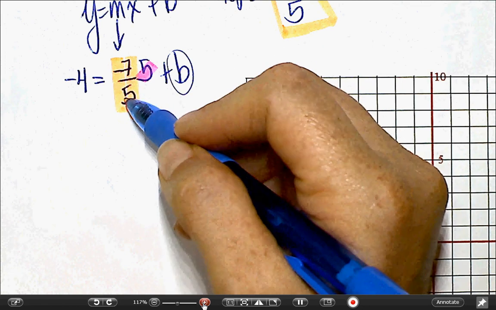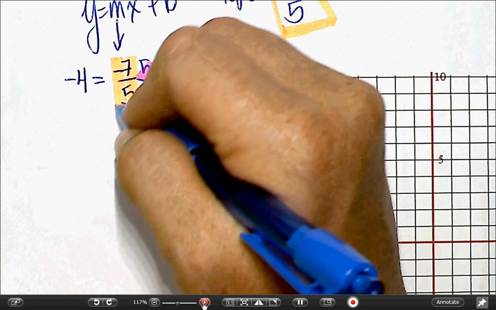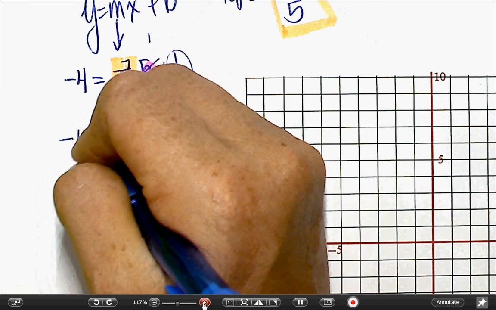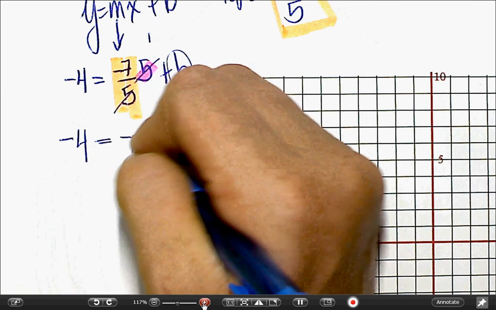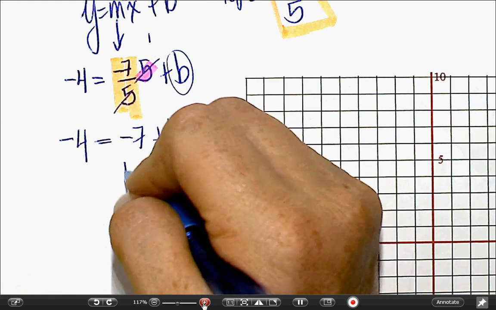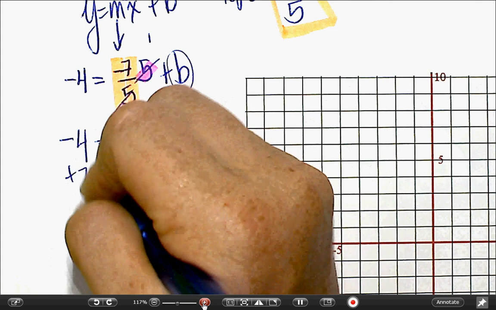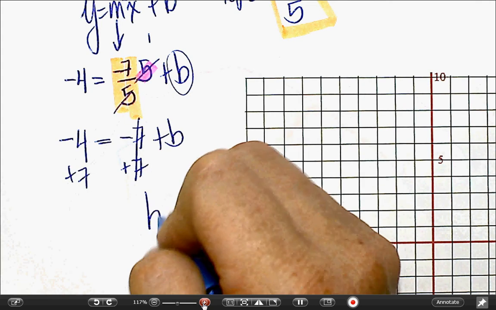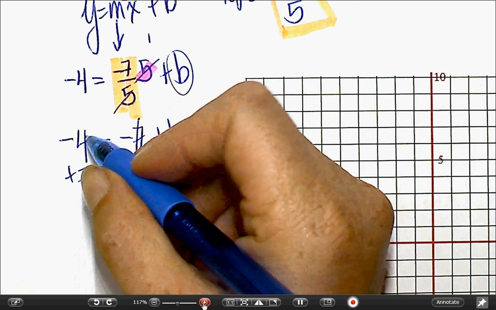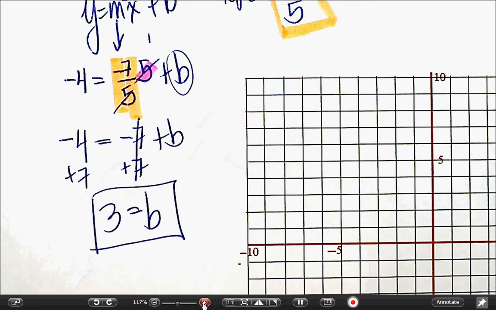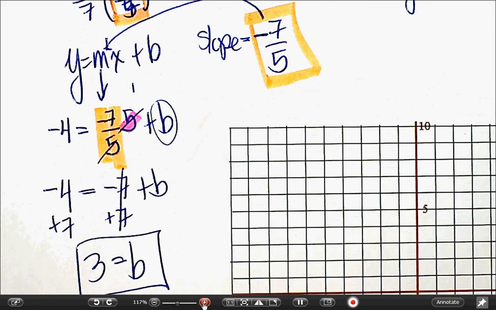Ready? 5 goes into 5 one time. So I have -4 equals -7 plus b. Want b by itself, so I'm going to add 7 both sides. B is going to equal -4 plus 7 is +3. So that's our b for our derived line.